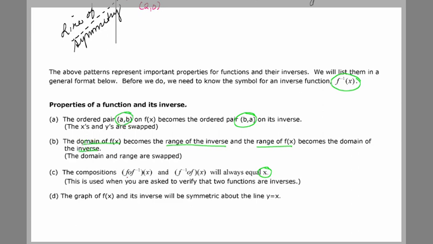An important note here is we will use this property when we're asked to verify that two functions are inverses. There'll be some problems that you have to verify. This is what we'll do. We'll just show that f circle g and g circle f are equal to x. And then finally, the symmetry. The graph of a function and its inverse are symmetric about the line y = x.